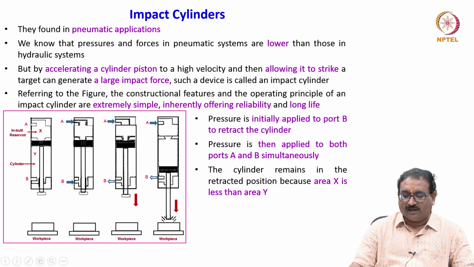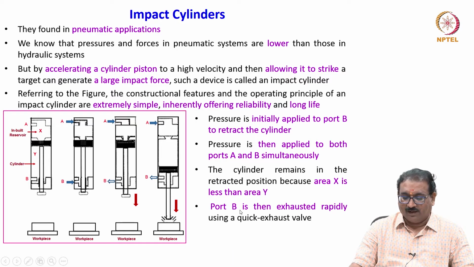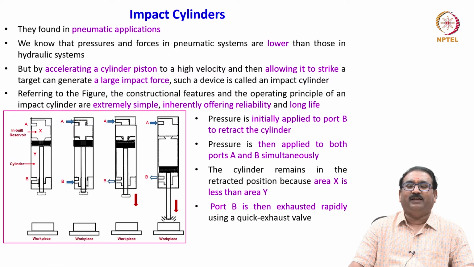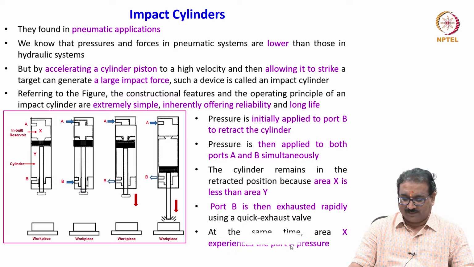The cylinder remains in the retracted position because the area X is less than the area Y, here X and Y where I marked. Port B is then exhausted rapidly using the quick exhaust valve, as we discussed in the previous class while discussing the directional control valves.